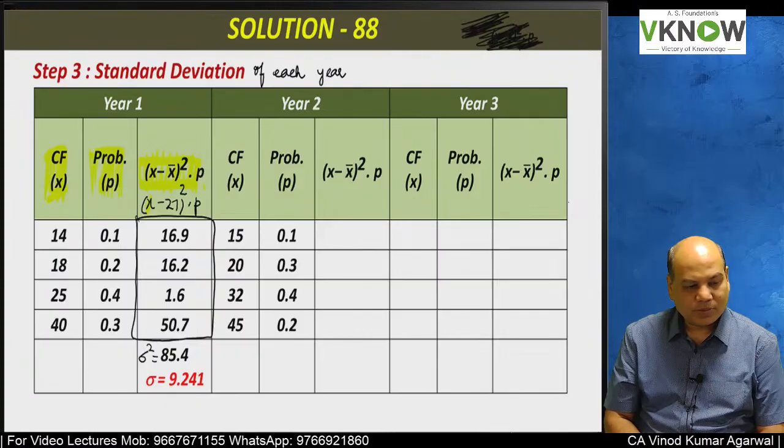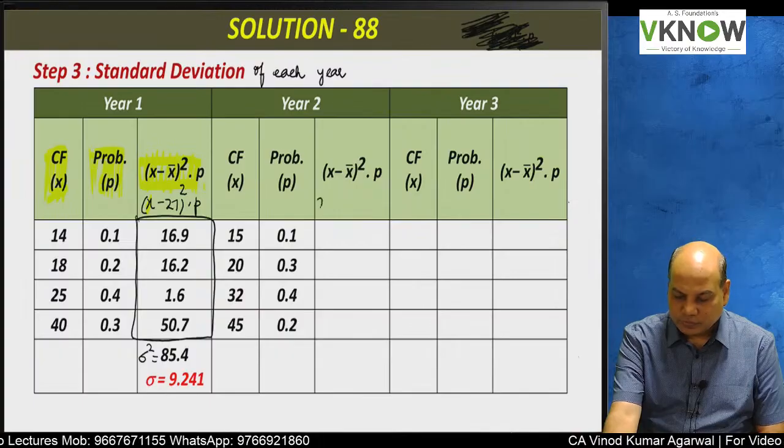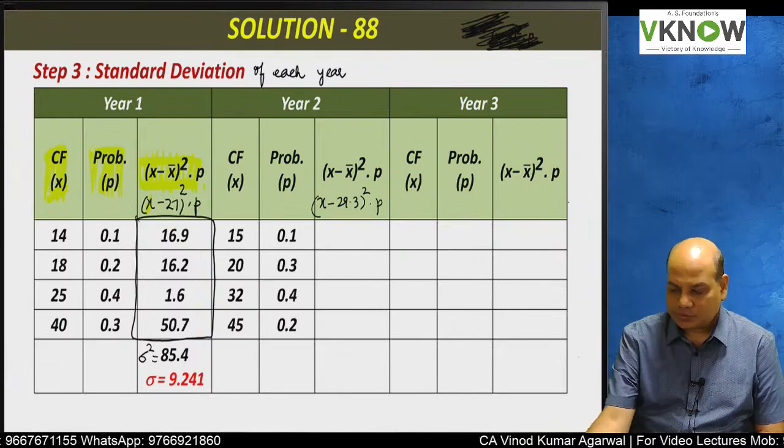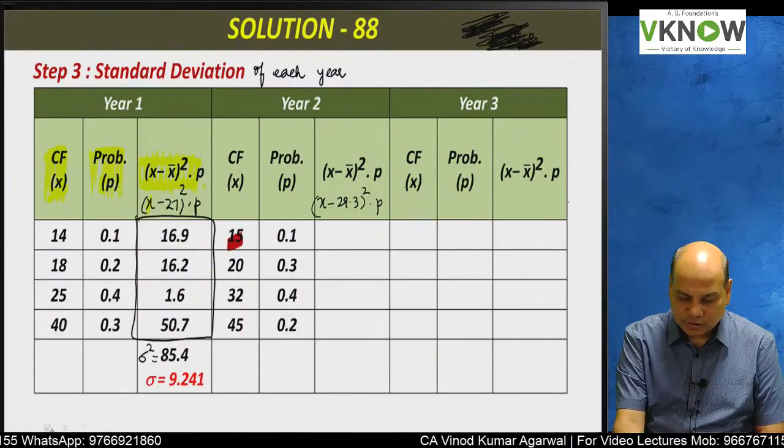What was the expected CFAT of year 2? 29.3. So (x minus 29.3) square into P. This column is x.